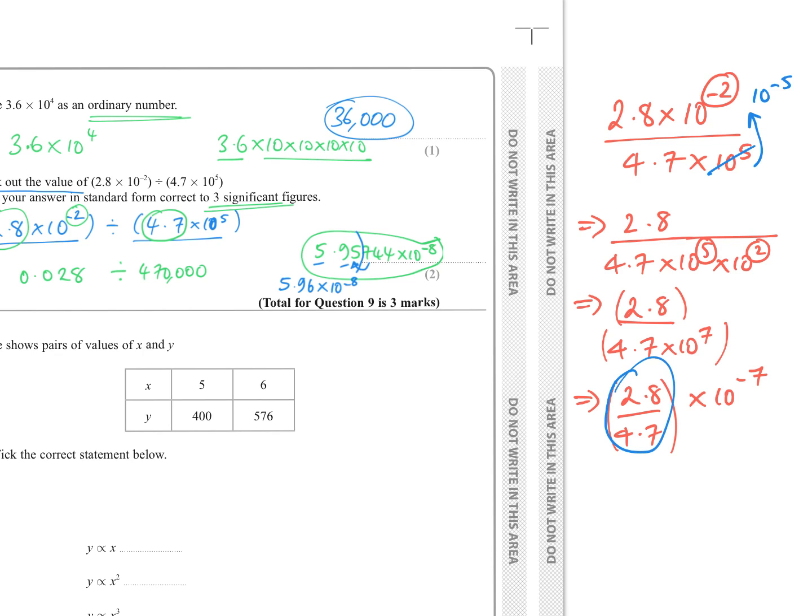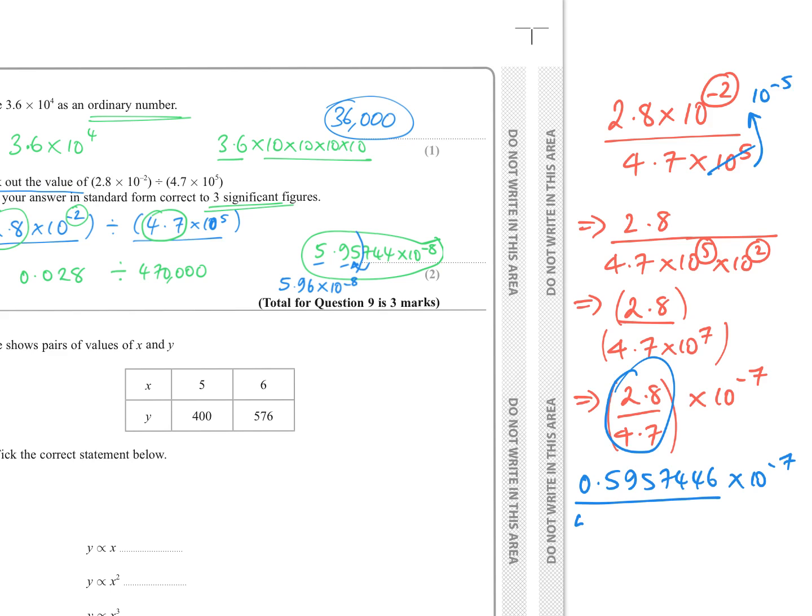So I'm going to just have a little go at this one and see what it does. So 2.8 divided by 4.7, and that gives me 0.5957446 and so on times 10 to the minus 7. Now be careful, because we've got to give standard form, which is a number between 1 and 10.